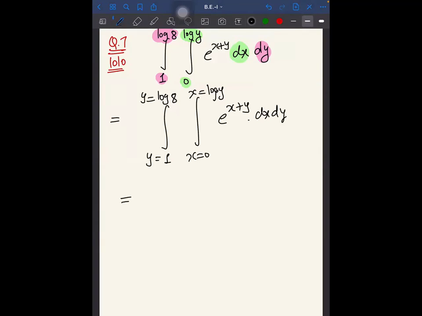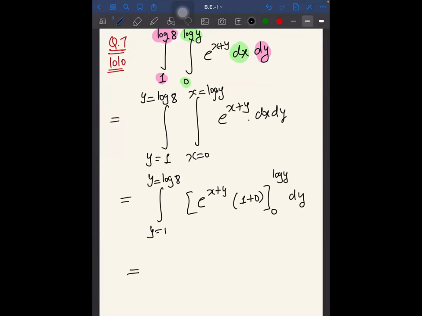Now if you integrate with respect to x, it will become e raised to power x plus y into the derivative of this power, 1 plus 0. Is it fine? So now we are left with dy.